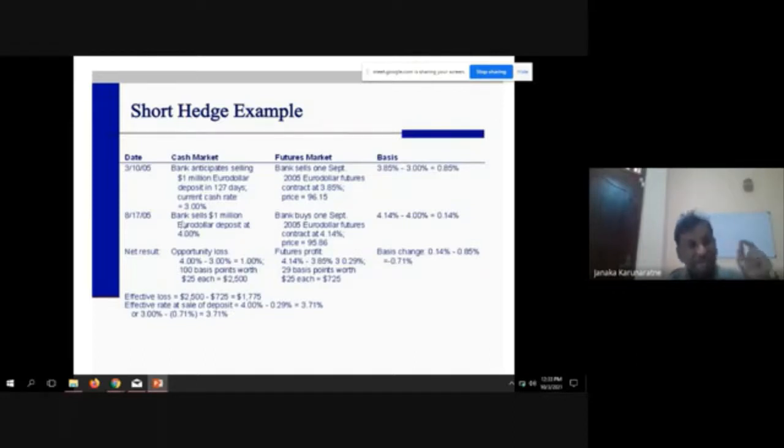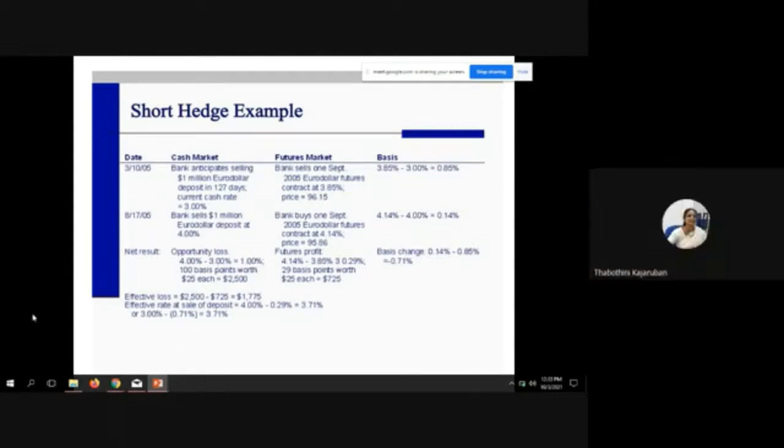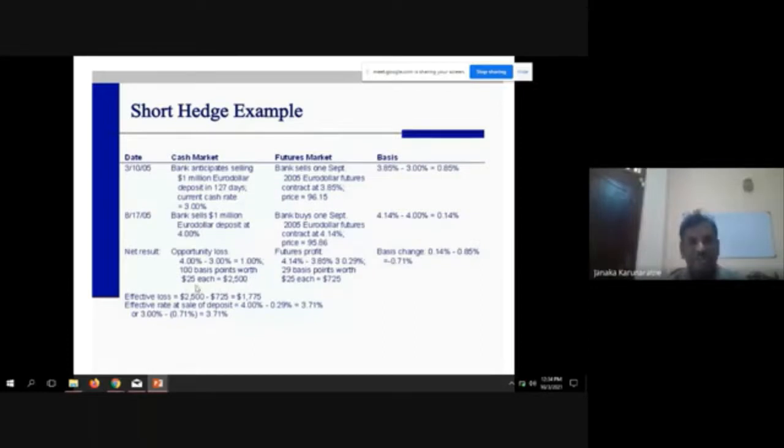Remember, earlier I mentioned that every basis point change, I will either lose or gain $25. 1% means 100 basis points, that means 25 into 100, 2,500. So my additional cost would be 2,500 for 1 million.